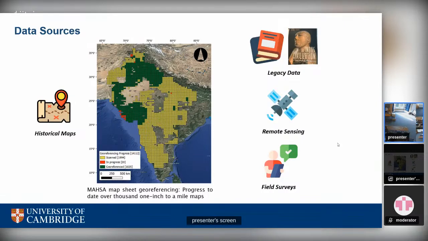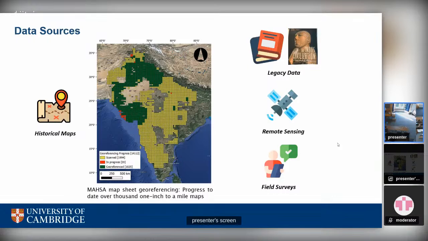The importance of these maps is that they predate most of the urban and agricultural expansion, because a lot of urban and agricultural expansion has resulted in loss of archaeological sites. So these historical maps predate that, and hence they are proving to be a great source of that information.